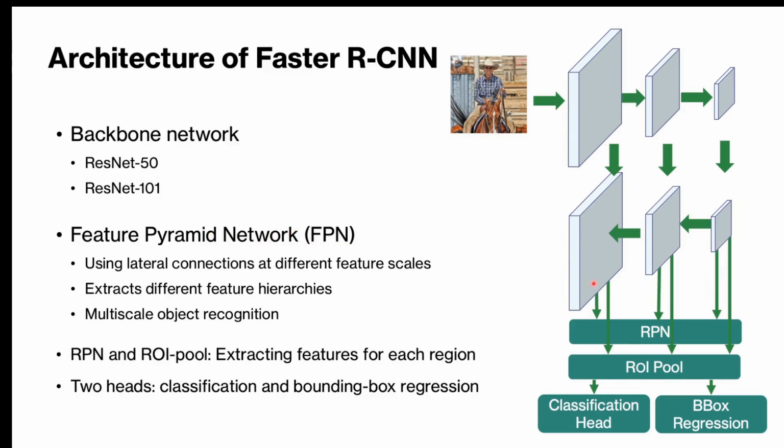After that we use the RPN and ROI pool to predict region proposals and extract features for each region proposal. And finally, we send the extracted features to a classification head and a bounding box regression head.